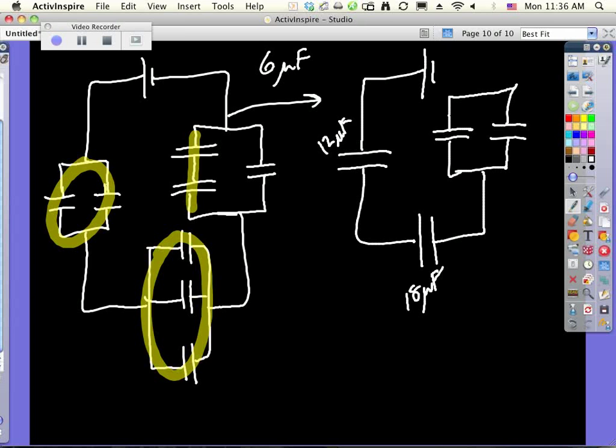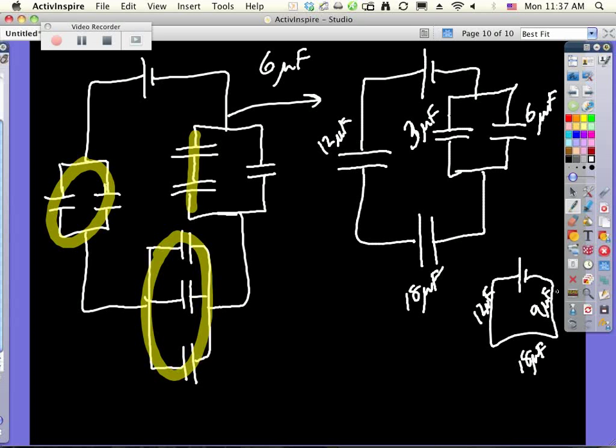That's still 6, but now this one is 3. Because it's inverse, right? And of course, that's 1 over 6 plus 1 over 6 equals 1 over c. So c is 6 over 2. Okay, so now we can have these two. That's easy. And we get this. And that's 12 microfarads, 18 microfarads, and 9 microfarads.